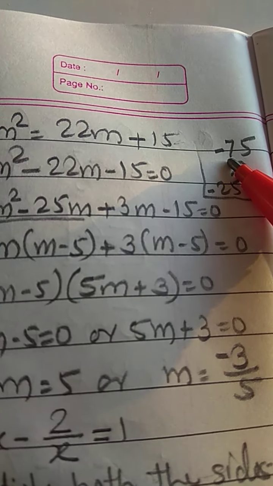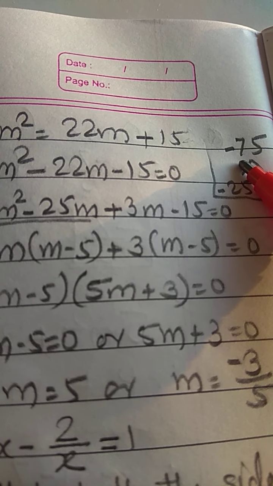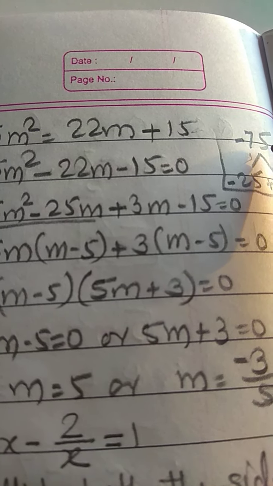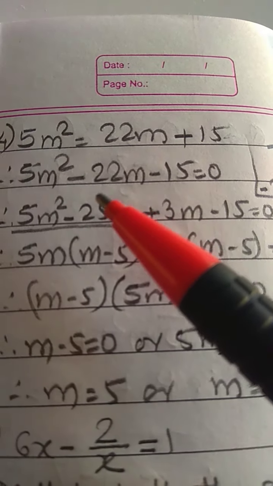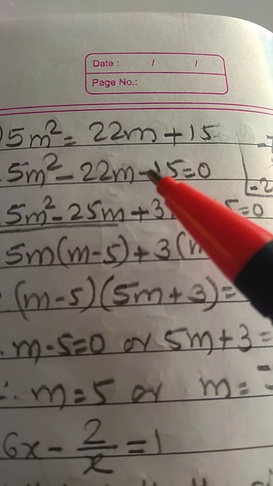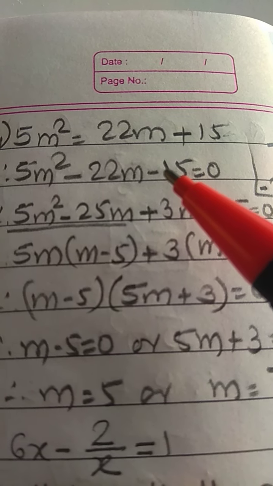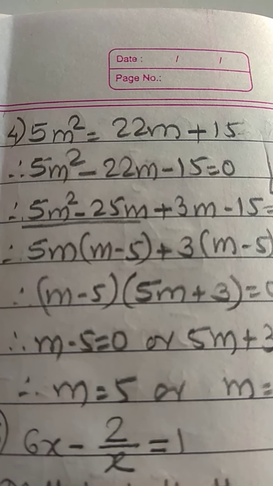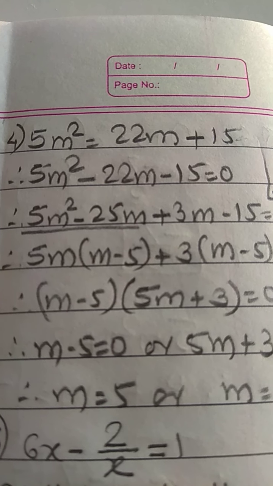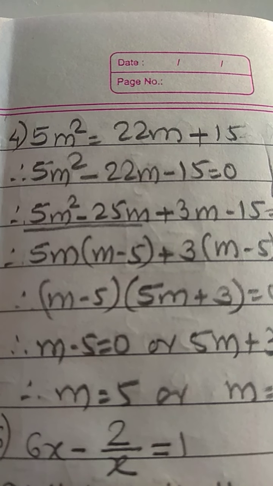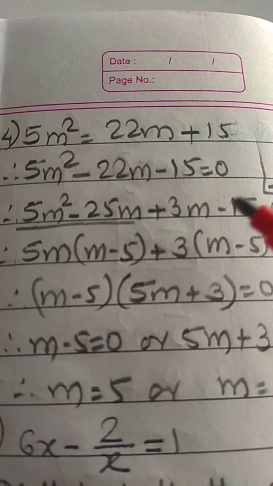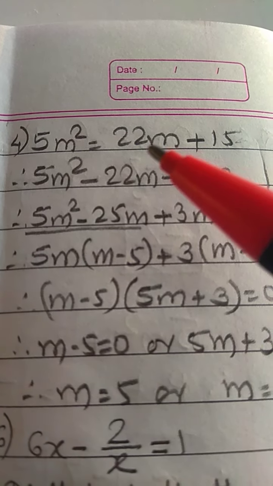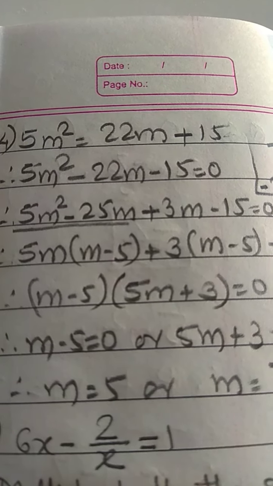We have to get the numbers such that multiplication of them should be minus 75 and their subtraction is minus 22. Okay, as the product is minus, we should give different signs to the numbers, and if the signs are different, then subtraction will take place. Okay, so multiplication should be minus 75 and the subtraction should be 22.